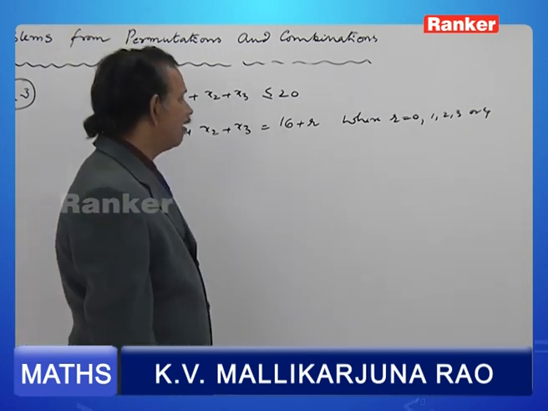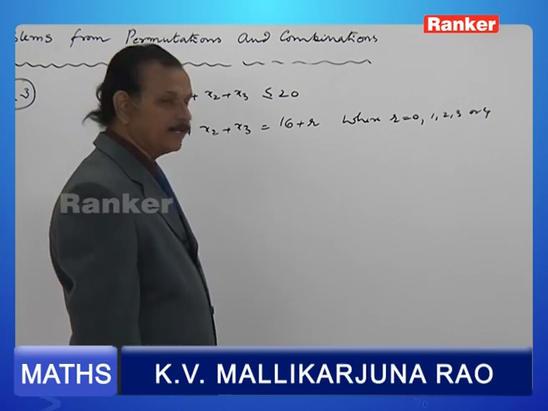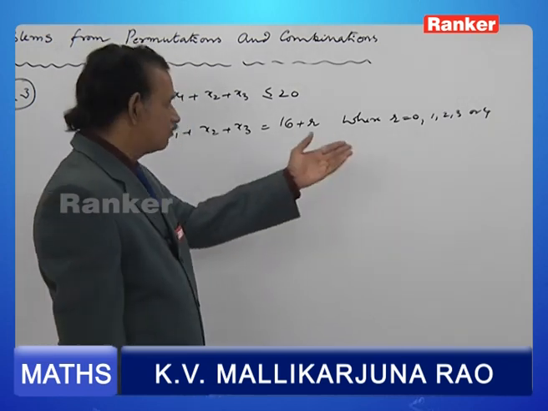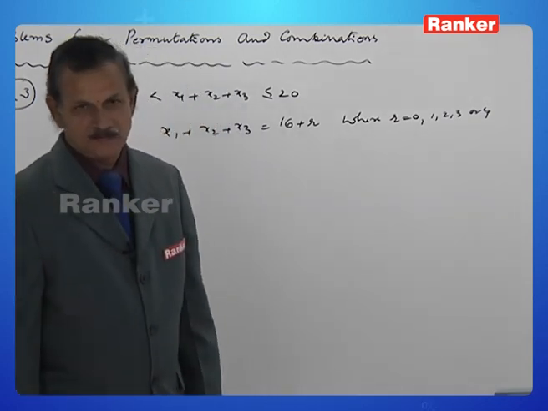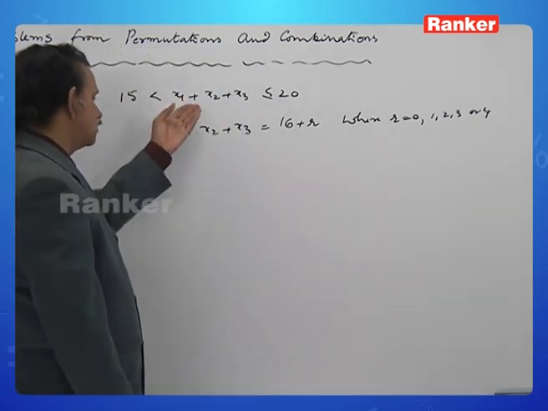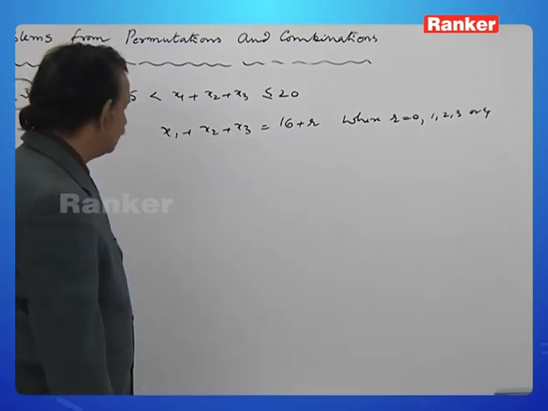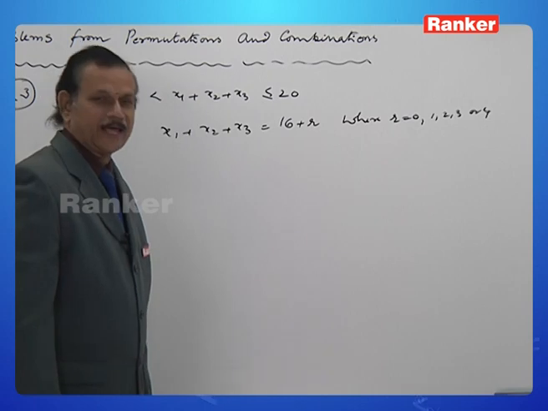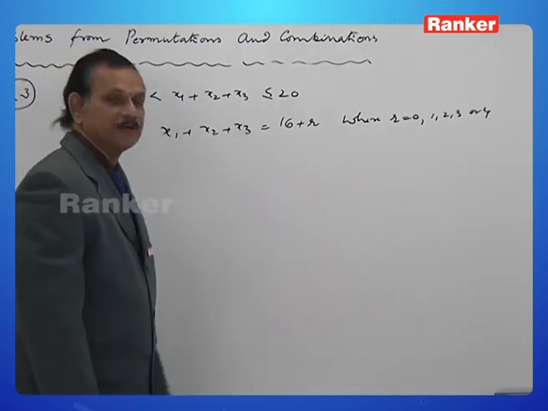If you take r = 0, this will be 16. If it is 1, it is 17. If it goes up to 4, then x1 + x2 + x3 reaches 20. Therefore, this situation and this situation can be observed the same. Therefore, we find to have the solutions for this.